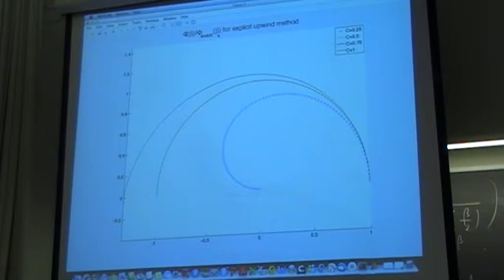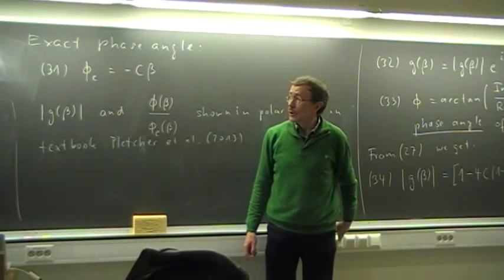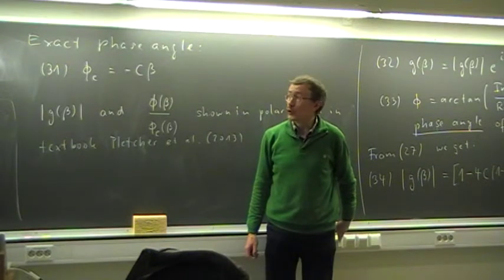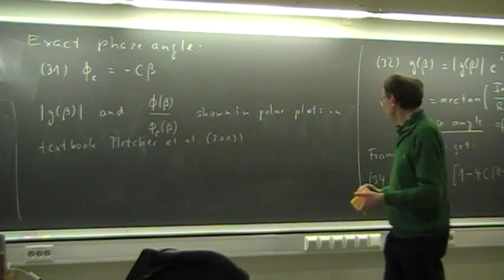Okay, so that should be enough for the moment. So we have now done a quite careful analysis of the explicit upwind method. Now we want to see other alternative methods and their performance.